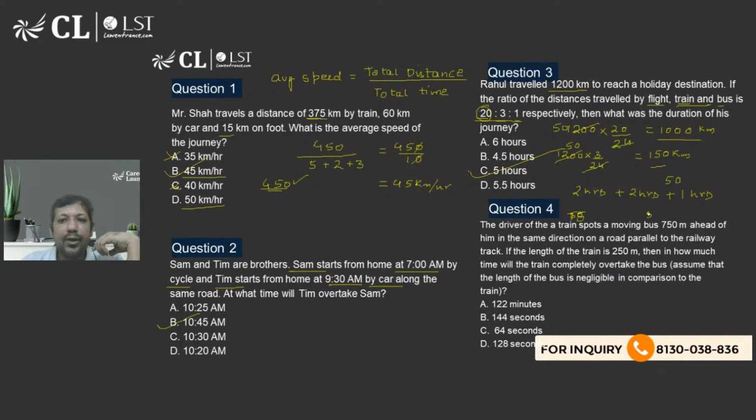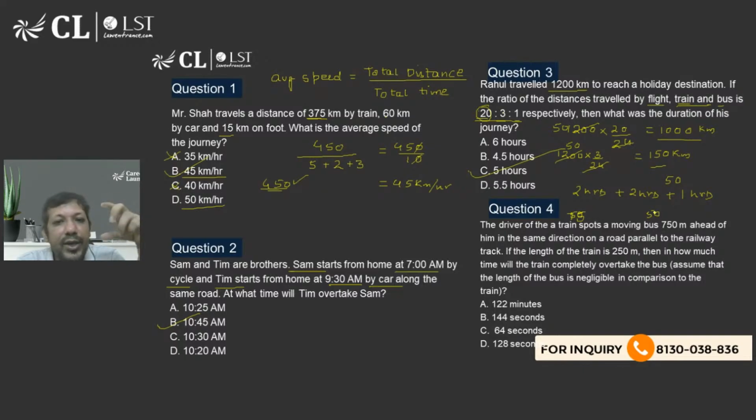Now, what is the concept of train? So, the simple and basic concept is that when a train crosses a pole or something else that has negligible length, such as a bus or a car, it actually crosses its own length.